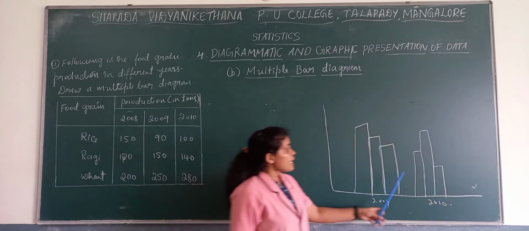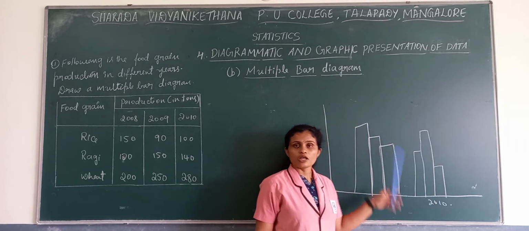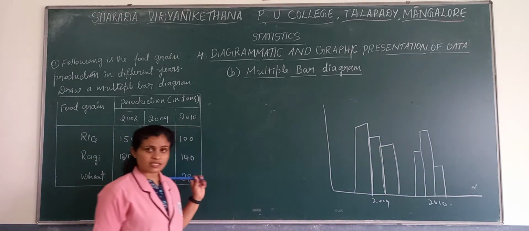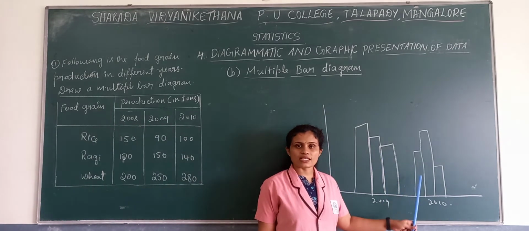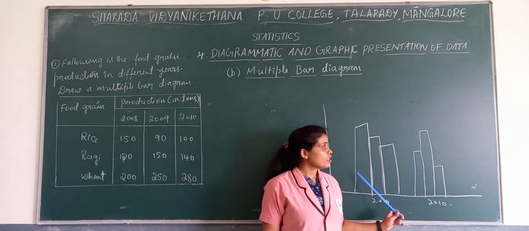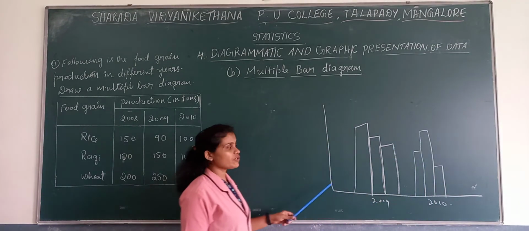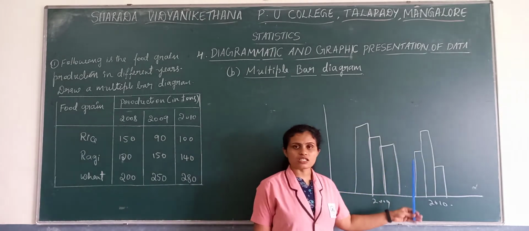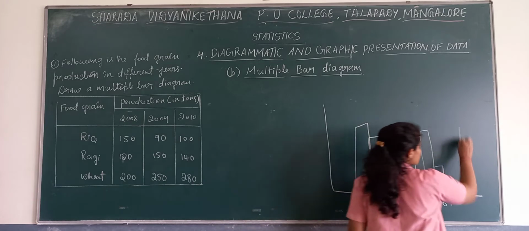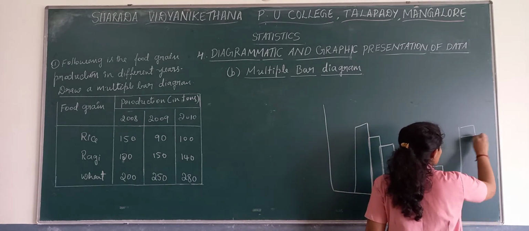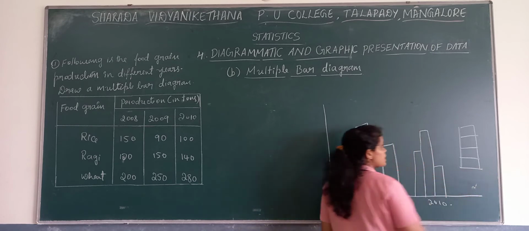So here adjacent rectangular bars are used in order to represent the data, and different shades or colors are given in order to differentiate between the data. And an index is shown for easy reference.